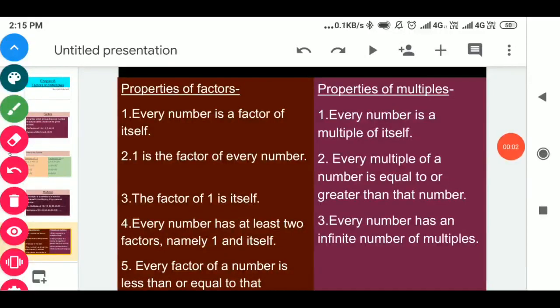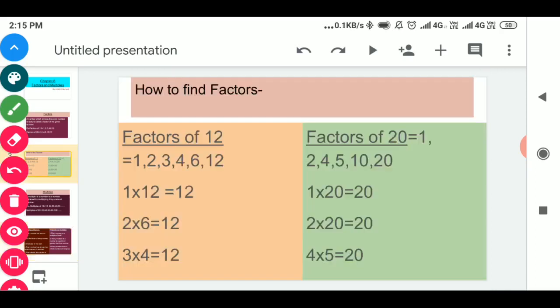Now, properties of factors and properties of multiples. After finding the factors and multiples, let me tell you the properties of factors. First one is, every number is a factor of itself. As you can see, here are the factors of 12 and the factors of 20.